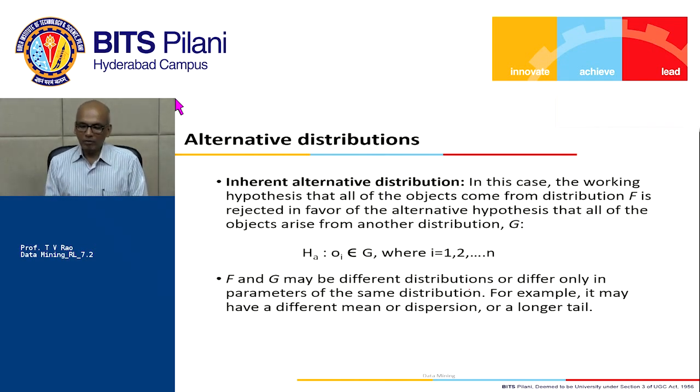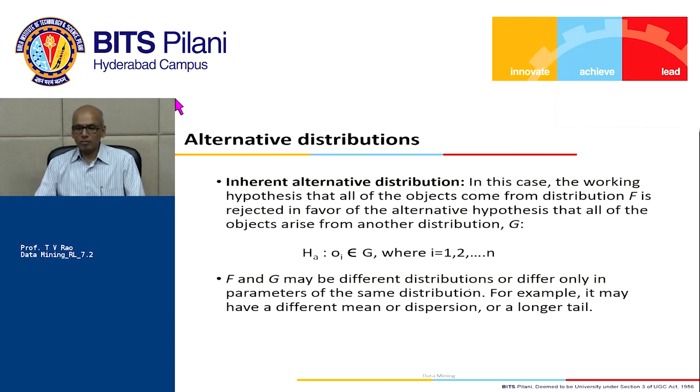And we may have to find out if there is an alternate distribution, and then we can create an alternate hypothesis that there is a distribution G to which the objects really belong.